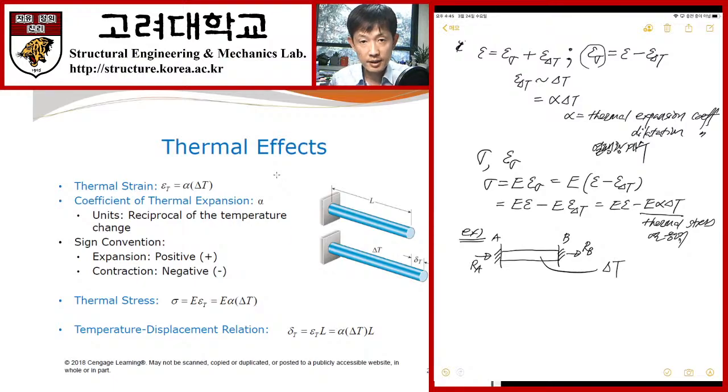Although we do not have any external force, we don't know how big or how small the reaction forces are yet. We don't know that, so we have to check the force equilibrium and other things.